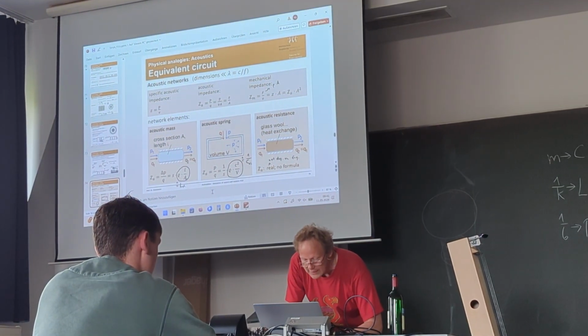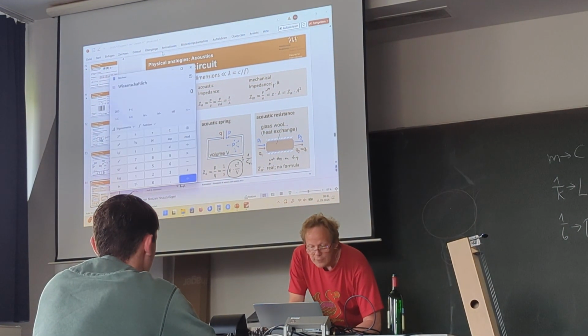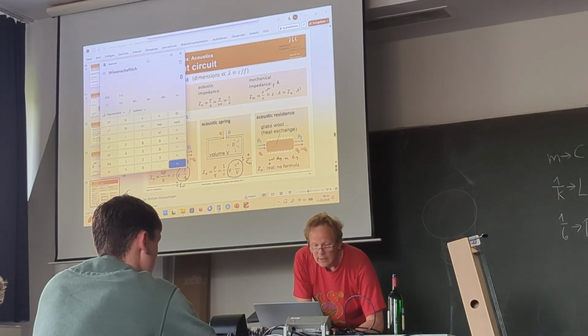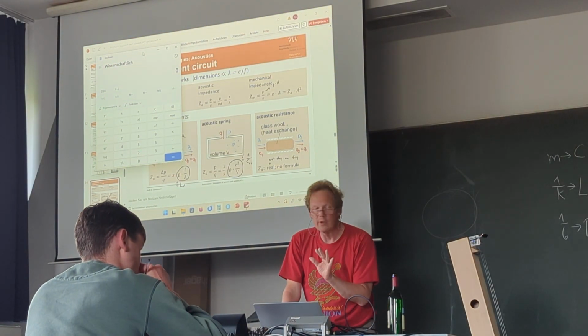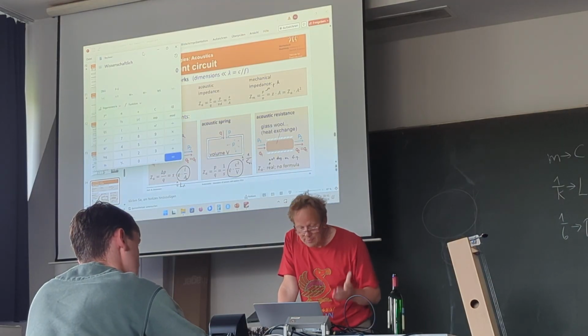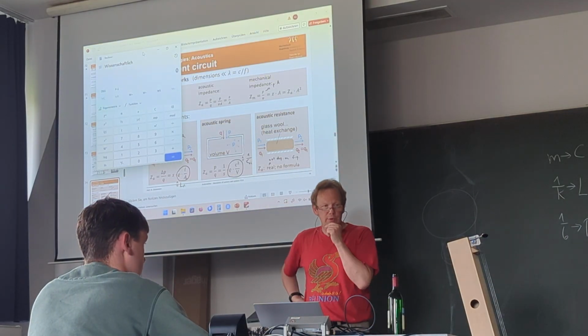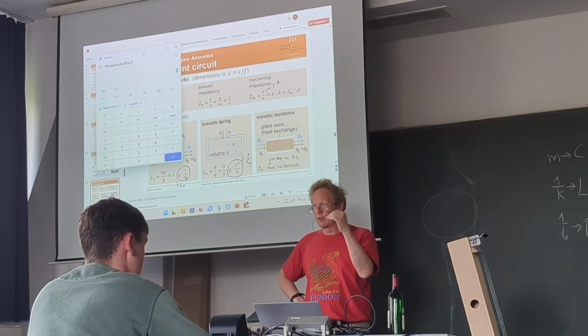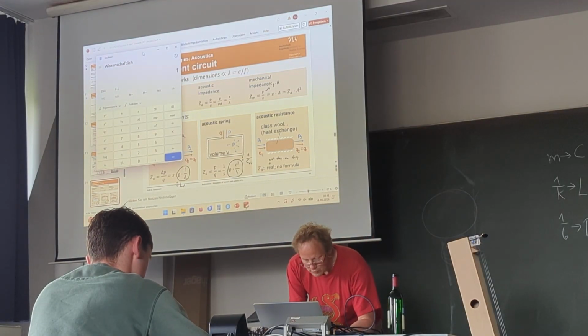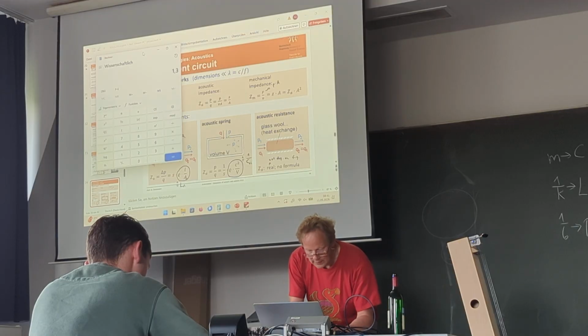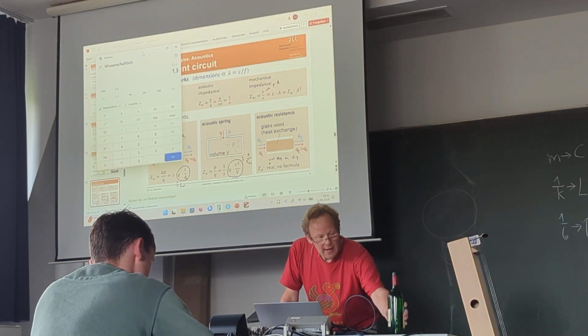Okay, so let's take the numbers. First of all, the density of air. It was given somewhere in the slides, not in the stars, but in the slides, as 1.3 kilograms per cubic meter. So the value is 1.3 for rho. Then we multiply with the length.